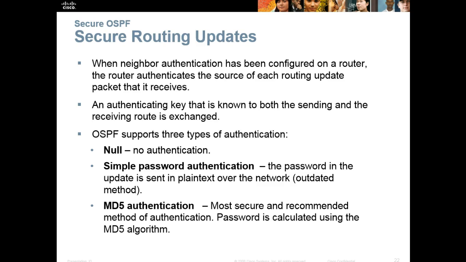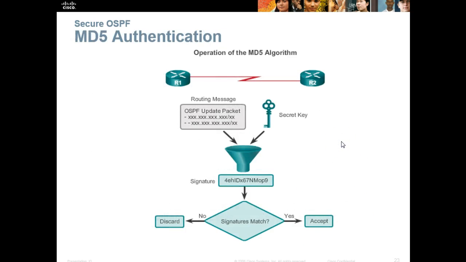So if we want to authenticate in OSPF, we use MD5 authentication, Message Digest 5. And that is the method we touched on before with the MD5 algorithm. So what happens is it sends a secret key with a signature, and if the signatures match on either end, then it accepts the authentication update.